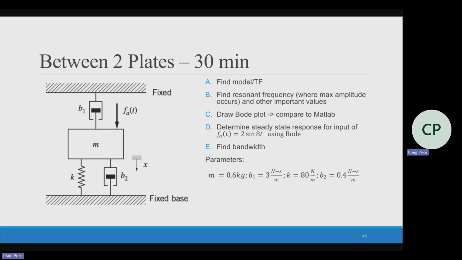I'm going to give you some time to work on the Bode plot. Create that. Leave everything in terms of variables, B, K. But once we find that transfer function, then we want to find the resonant frequency. Basically, the Bode plot shows how it's going to respond to different inputs.